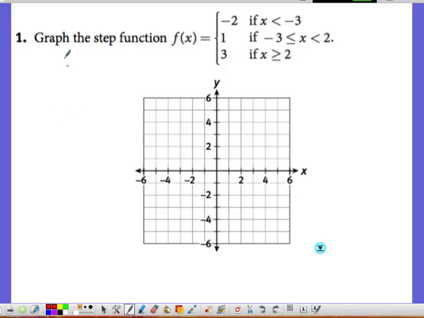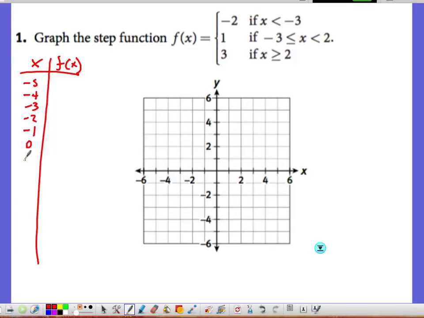Well, you can set up a table, and you have your x and your f of x. Since our graph starts at -6, we'll start at -5, -4, -3, -2, 0, and going all the way to 4, 5, 6.